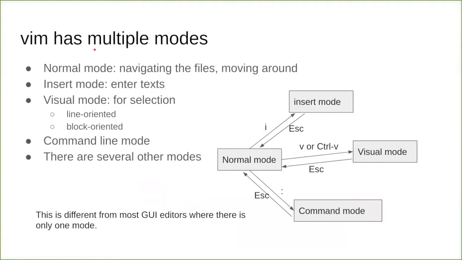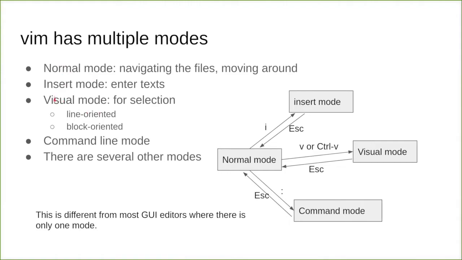So one thing that Vim has that is different from many other text editors is that it has multiple modes. And you will see what the modes mean in my demo if you have never used Vim. And initially it may seem quite confusing because there are multiple modes, and how do you know where you are, right, for example.